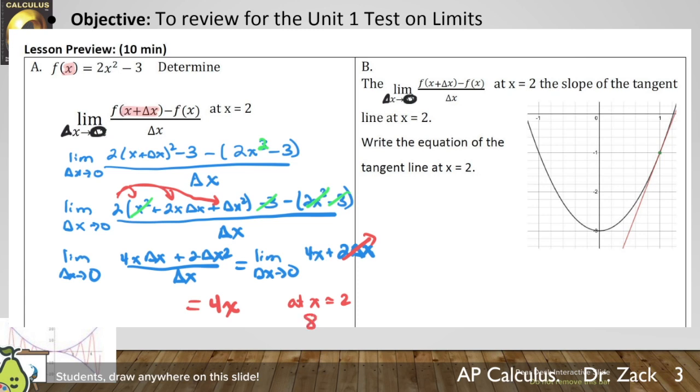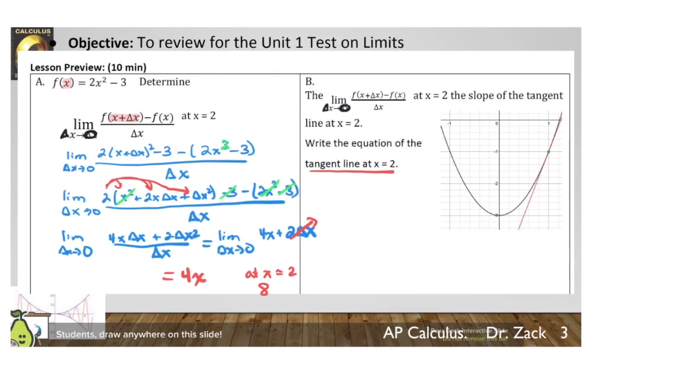All right, now for question B, you were to write the equation of a tangent line at x equals 2, if we knew that the slope of the tangent line at x equals 2 was 8.